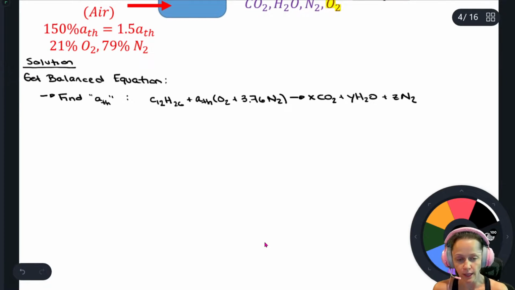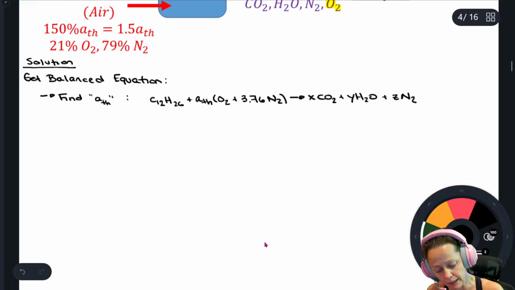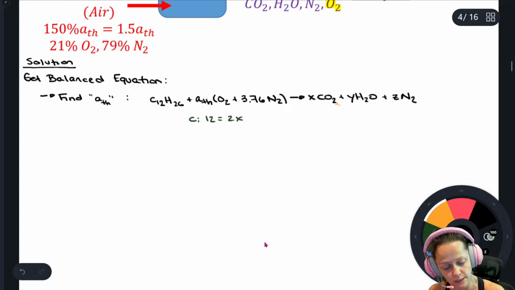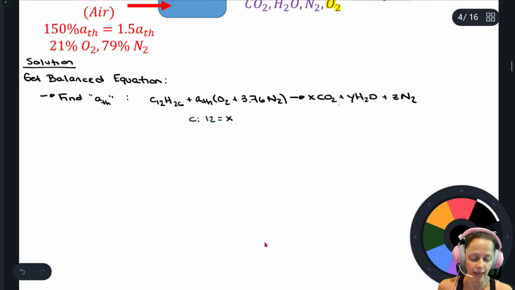Again, it's just a mole balance here. For carbon, I've got 12 on the left-hand side and X on the right, so X is 12.